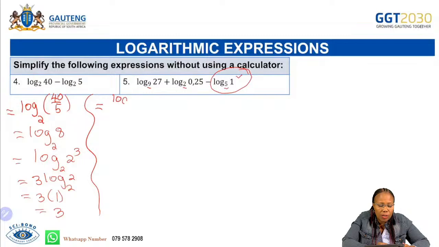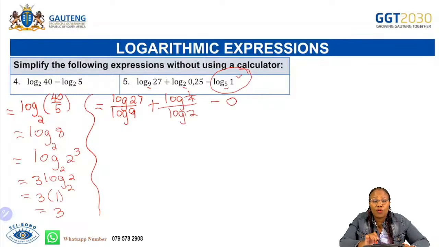It will be log 27 over log 9 plus log 0.25, which is 1 over 4, over log 2 minus 0. You must indicate that 0, grade 12, to show us that you understand that the log of 1 is 0. We want to see that 0.